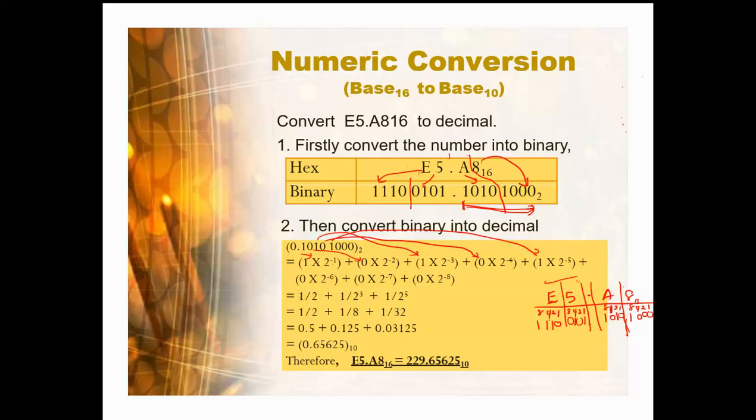So 1 times the power of negative 2, and so on, which gives half and so on. You will get, converted to a floating number, 0.65625. And you combine this number with the binary that you converted earlier to decimal, which is 229, giving 229.65625. So this is how you convert from hexadecimal floating point to the decimal number.